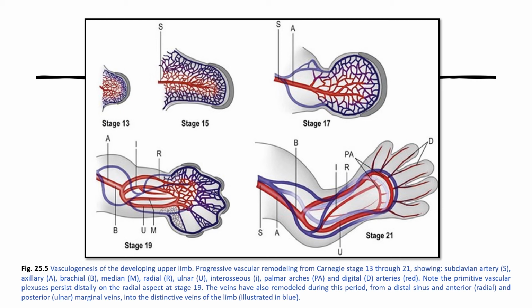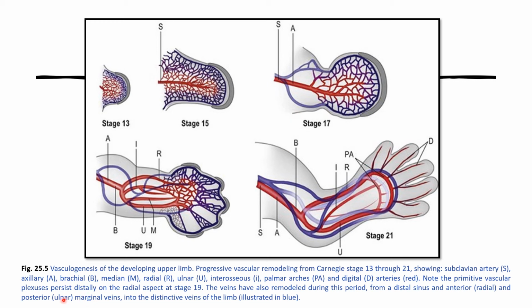Okay? So, dito makikita nyo, this is a progressive vascular remodeling from Carnegie stage 13 through 21. So, yung mga S na nakikita nyo, it is the subclavian artery.